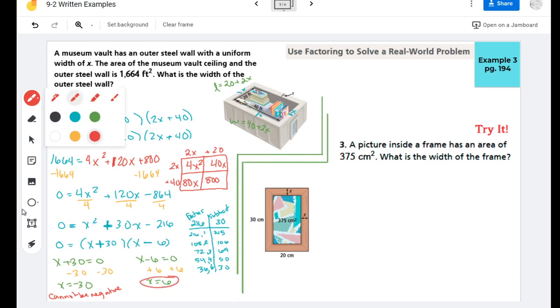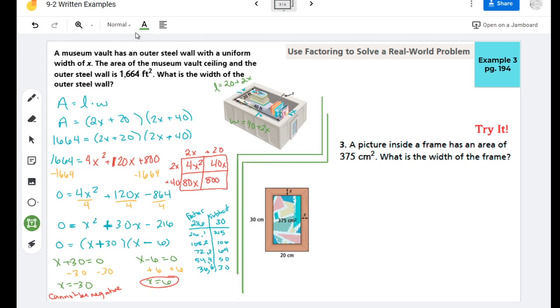And since this is a word problem, I'm going to go ahead and answer this with a word solution. So the steel wall would have to be 6 feet wide, I guess would be a way to say it, in order to match these dimensions.